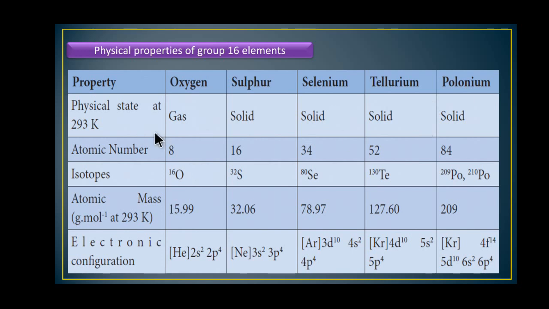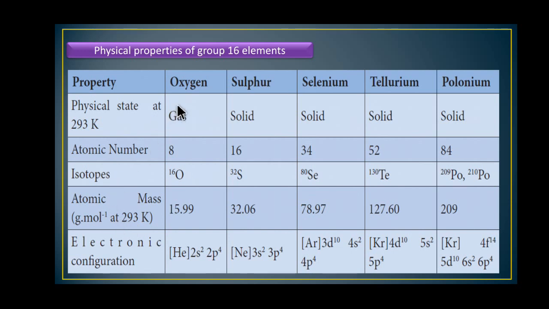At standard temperature, oxygen exists as a gas. What is the standard condition? 293 Kelvin. Sulfur, selenium, tellurium and polonium exist as solids. The atomic numbers are 8, 16, 34, 52 and 84.